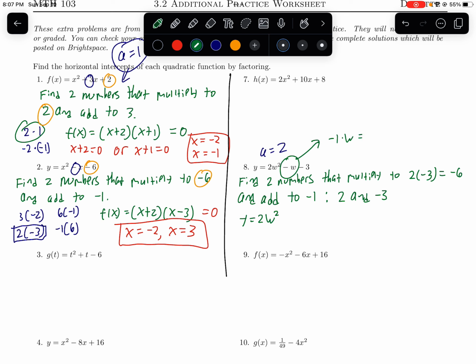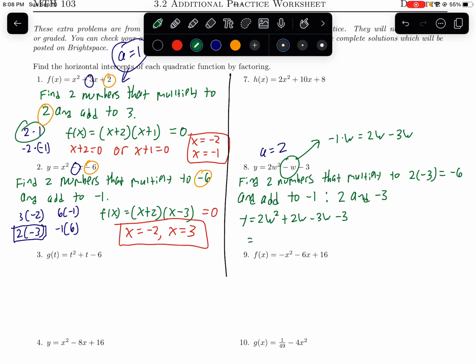But -1 is 2 minus 3. So this is 2w minus 3w. Hopefully we agree that's the same. So we can write this as 2w squared plus 2w minus 3w minus 3. So we actually haven't changed anything yet. We just rewrote it in a clever way.